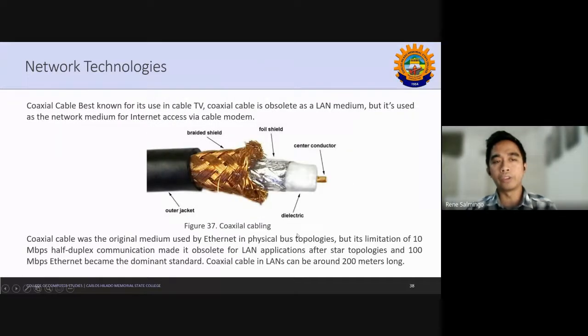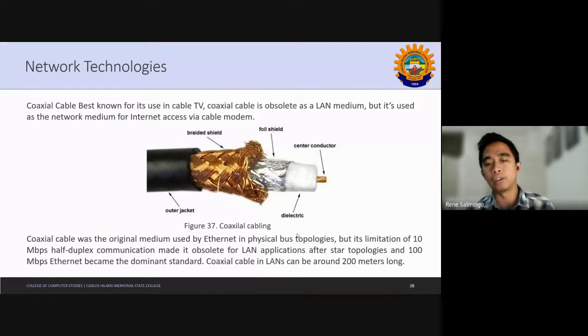Now, the third one is one of the classic, or one of the oldest, media of network technology we use: the coaxial cable. These are the parts of the coax, and it is usually used in the bus topology. That's why it cannot go further, because of the solid copper conductor inside.